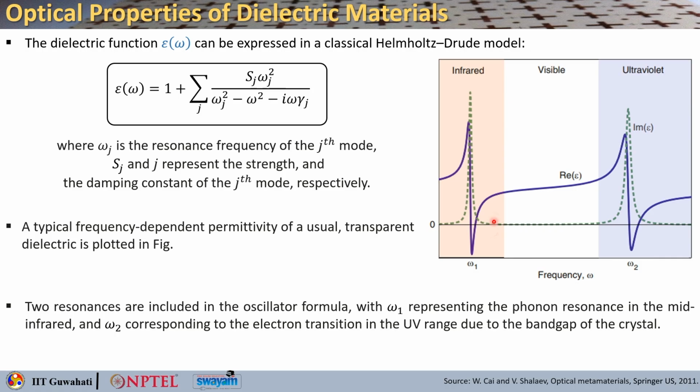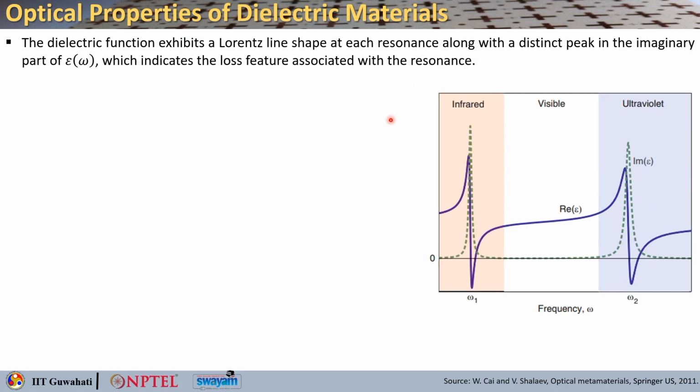You can see that these resonances can be included in this oscillator formula, with omega 1 representing the phonon resonance in the mid infrared, basically from the lattice vibrations, and omega 2 telling you about the electron transition in the ultraviolet range due to the band gap of the crystal, right. So, the dielectric function here follows a Lorentz line shape at each resonance, along with a distinct peak that you can see in the imaginary part.